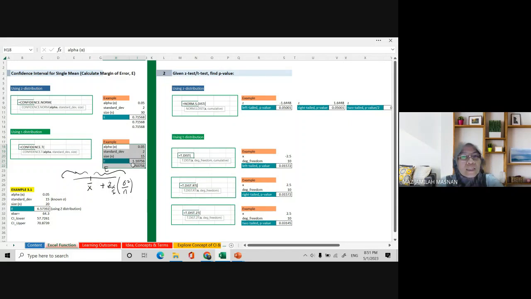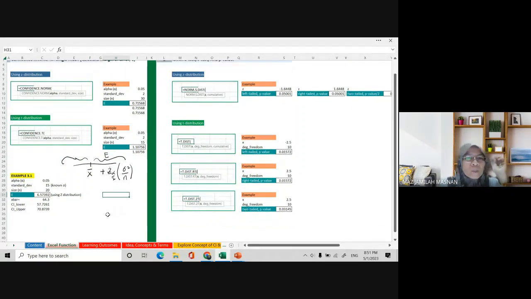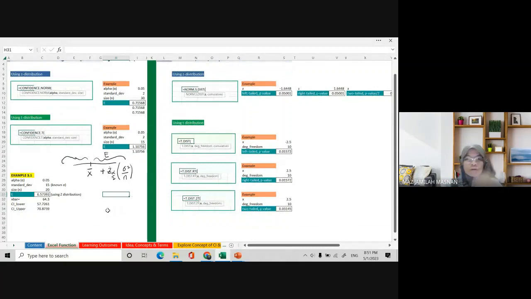So in this case, let's say you just repeat at this side. If you look at example 3.1, go back again to your example 3.1 and study the information given. You have n equal to 20, standard deviation is equal to 15, but the standard deviation is for sigma.